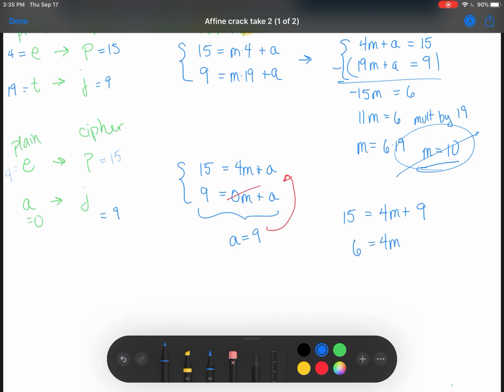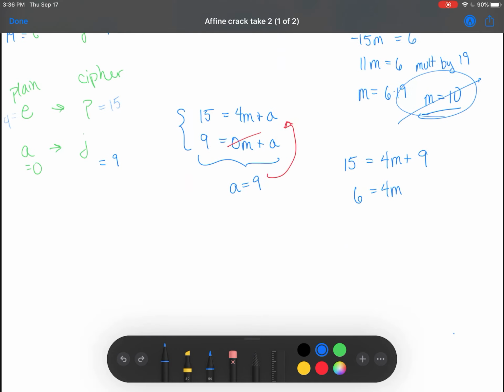Now, normally at this point, we would multiply by the multiplicative inverse of 4, but unfortunately, 4 does not have a multiplicative inverse. So what can we do instead? Well, we can guess and check. This was a strategy that I know some of you used when we first started working on modular arithmetic.